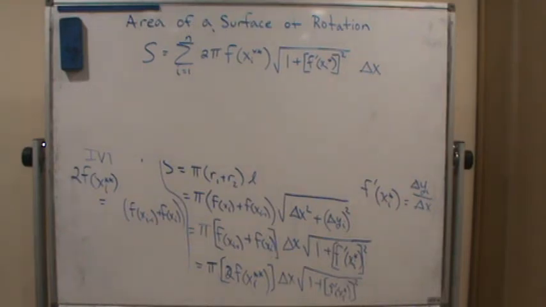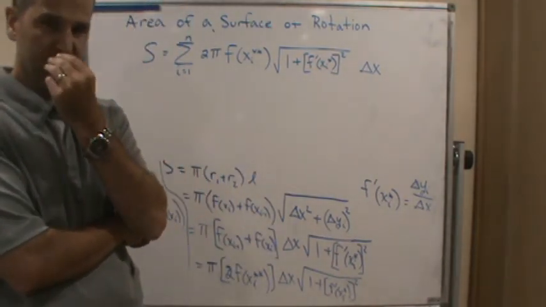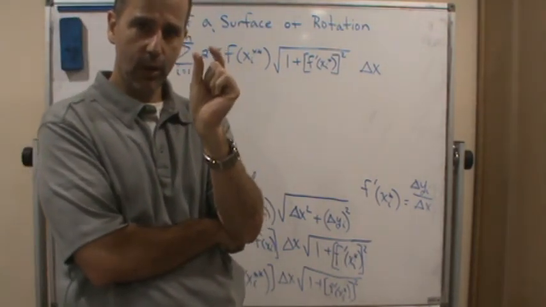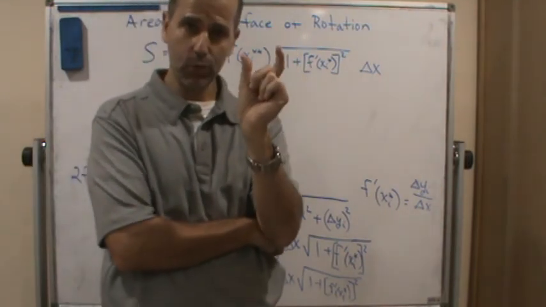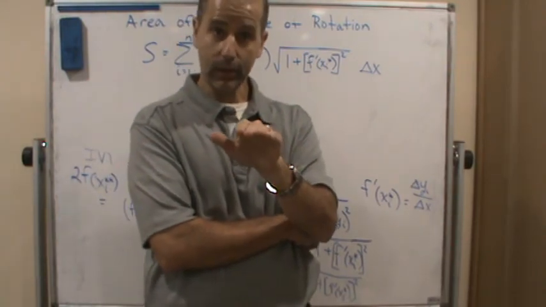Now, this makes sense intuitively because both x sub I star and x sub I double star are going to be in the interval. And so as n approaches infinity, they're going to approach the same value. So intuitively, it's not going to matter, right? Because if you're going to make subintervals smaller and smaller and smaller, eventually these 2 points are going to end up approaching x. And so it works.